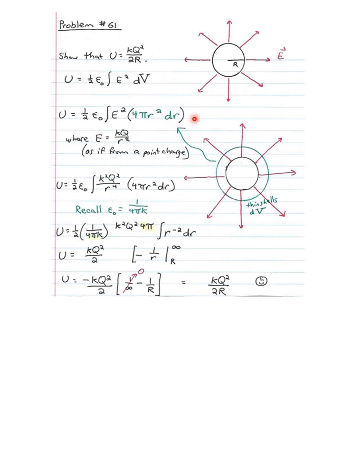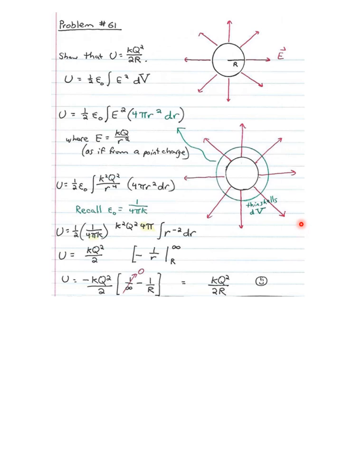And remember that the electric field from a point charge is kQ over r squared. And as we've seen in a previous lesson, the electric field from a sphere, from the outside of the sphere, is the same as if it were coming from a point charge of whatever charge is distributed on the sphere.